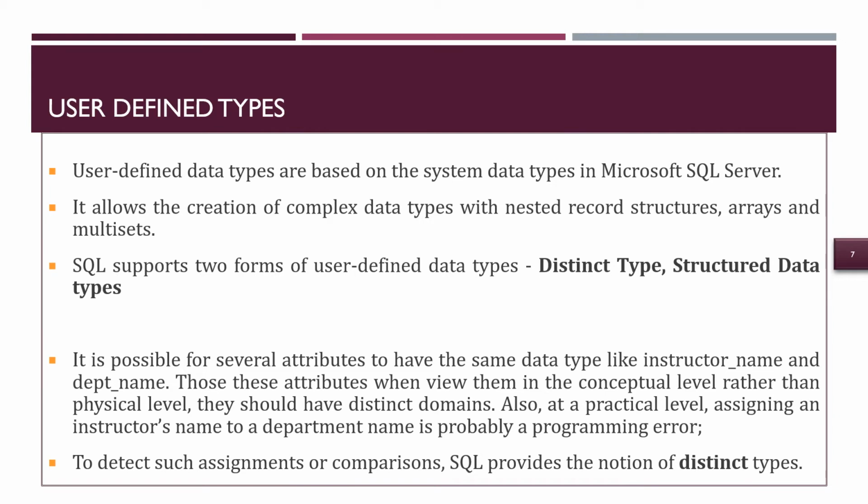First, let us discuss the distinct type with the help of an example. Suppose we have two attributes named instructor name and student name. These two attributes can be defined using the same data type. At the physical level, these two represent the same thing because both attributes are defined using the same data type.